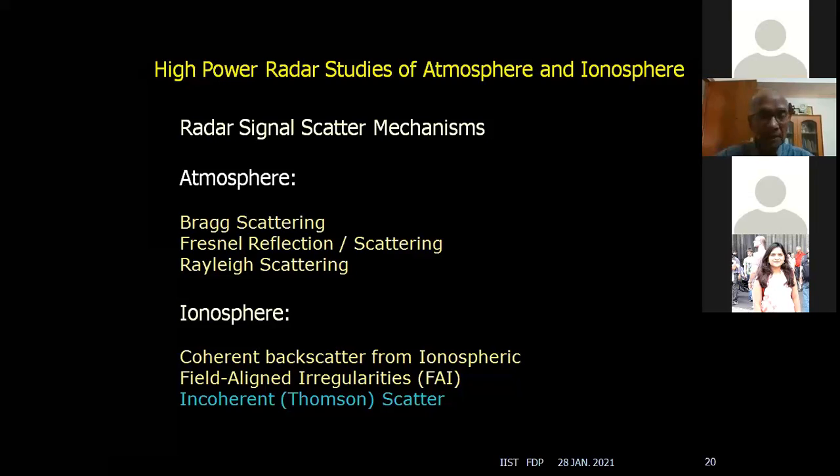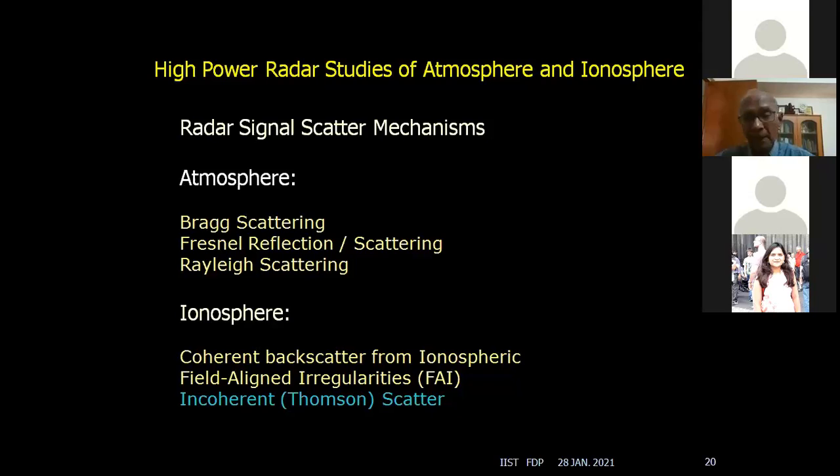So of these three scattering mechanisms, the first two are used to study clear air turbulence. The turbulence acts as a tracer of the background wind. So you can find out the wind by tracking the turbulence in the atmosphere, and you can also find out the turbulent fluctuations themselves.